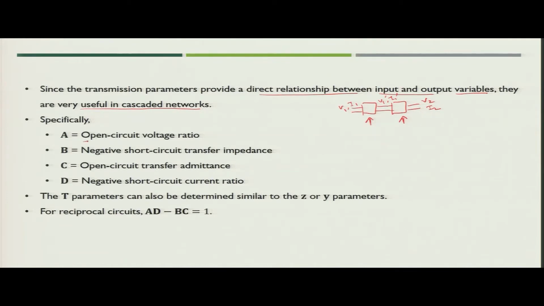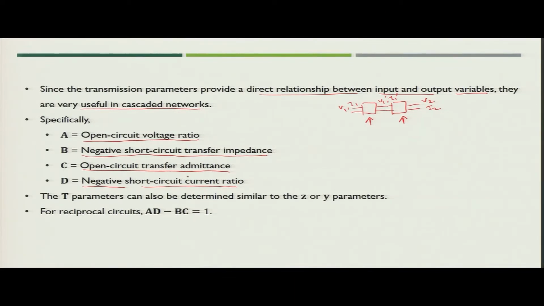A will be your open circuit voltage ratio, because you calculate this when you keep the output port open circuit. B is negative short circuit transfer impedance, C is open circuit transfer admittance, and D is again negative short circuit current ratio.